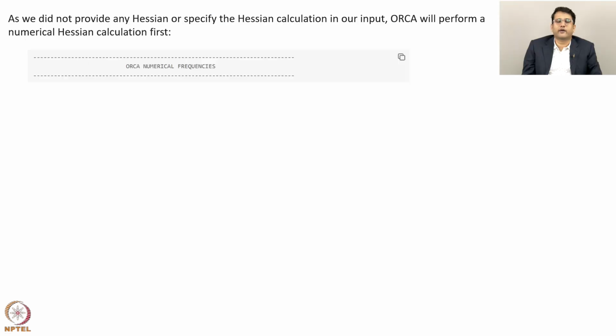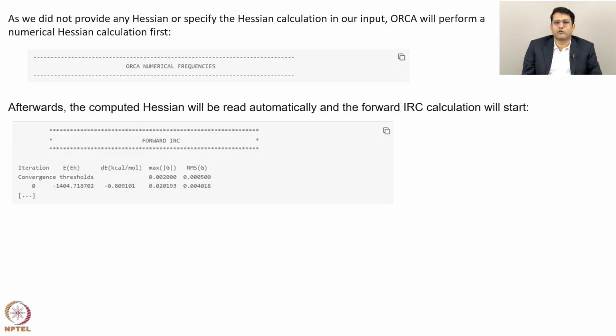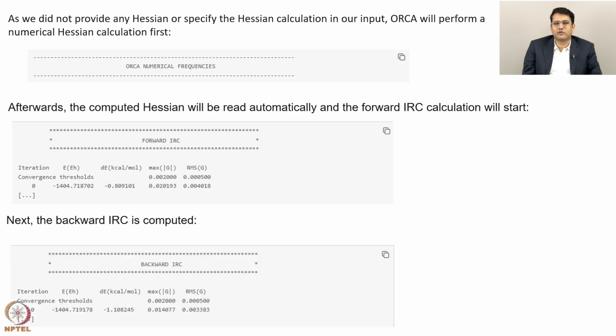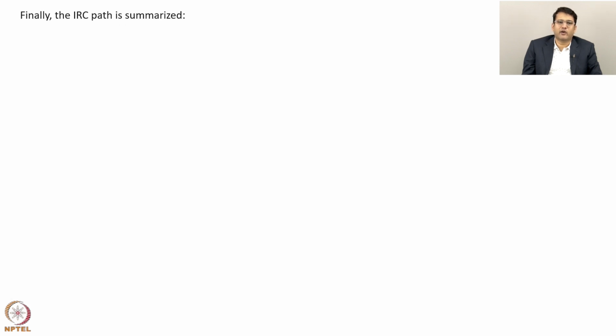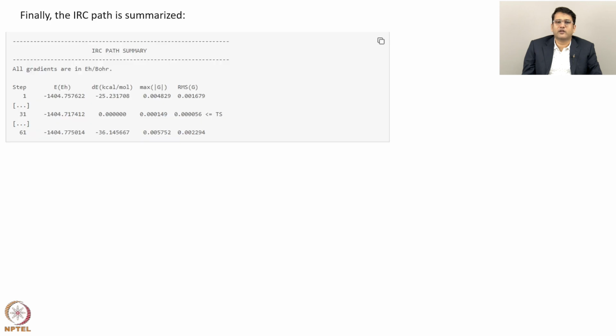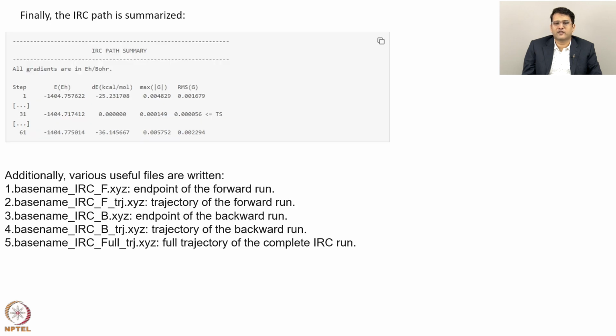If I do not provide any Hessian or specify the Hessian calculation in our input, what ORCA will do, first it will calculate the numerical frequency, and this computed frequency will be read automatically, and the forward IRC calculation will be done first, and then the backward IRC calculation will be done, then the whole path will be summarized. And this is where the various useful files will be written.